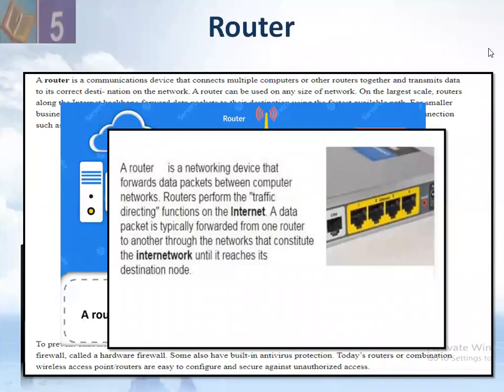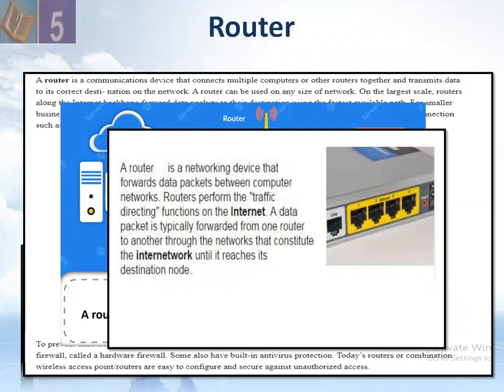So dear students, commonly used communication devices can be classified into routers, switches, and gateways. So router is also a communication device, and a router is a networking device that forwards data packets between computer networks. Routers perform the traffic directing function on the internet.